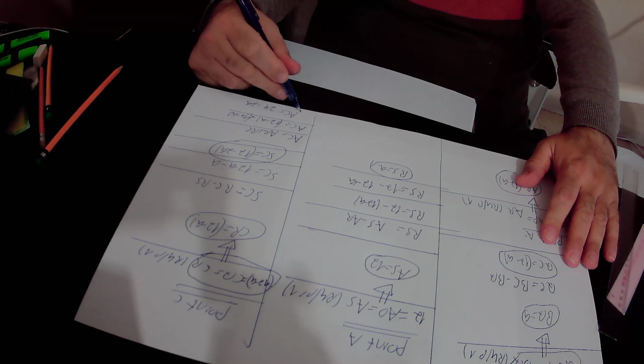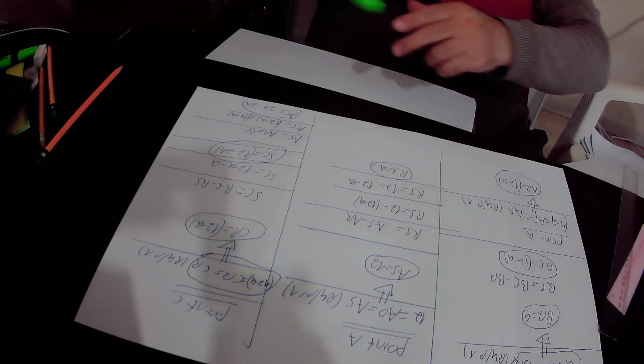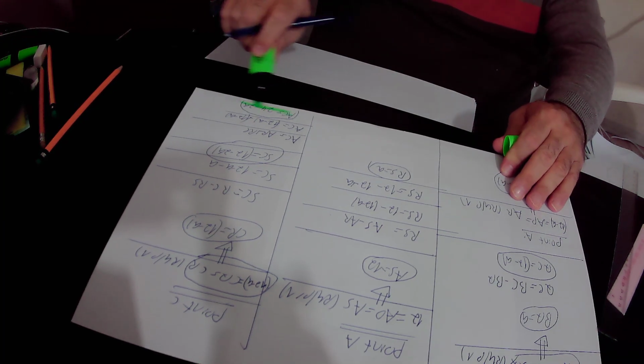So in conclusion, we found out that AC is equal to 24 minus 2A.